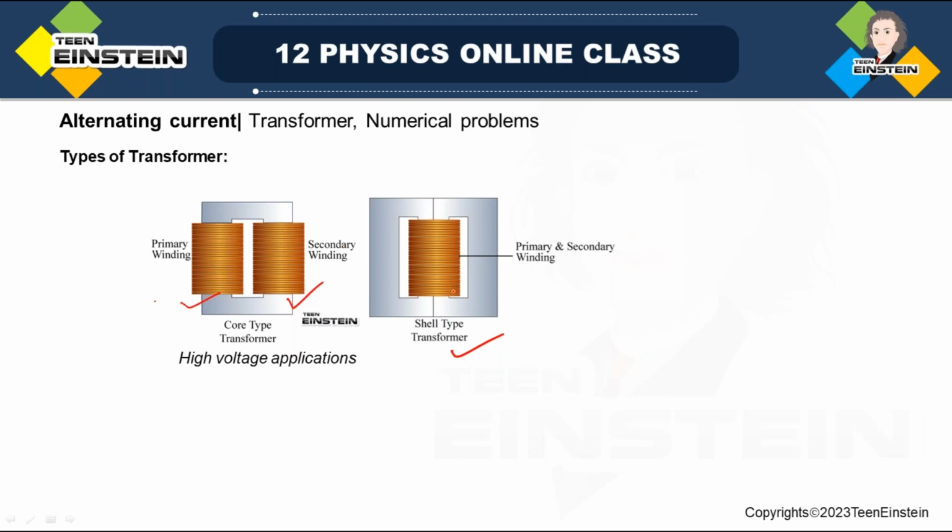In the shell type there is a single arm, and primary and secondary coils are wound on top of each other. Generally, wherever there are low voltage applications, these shell type transformers are being used.